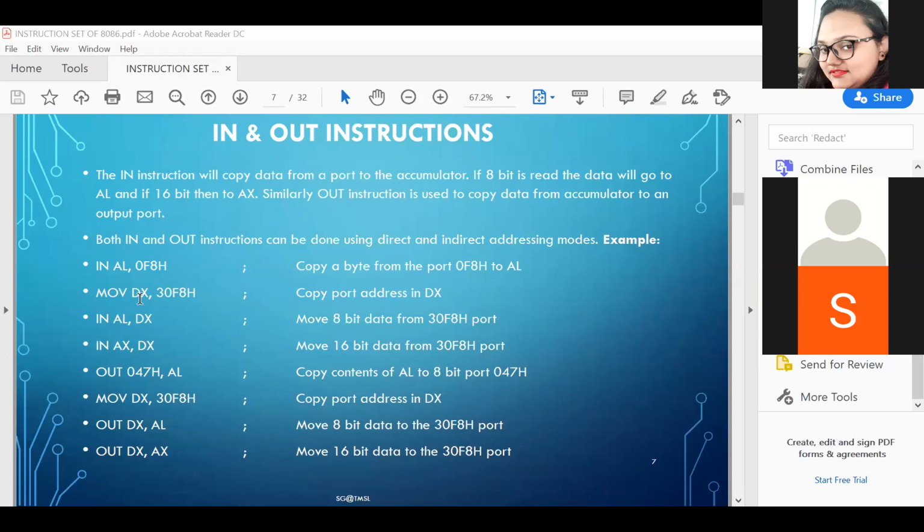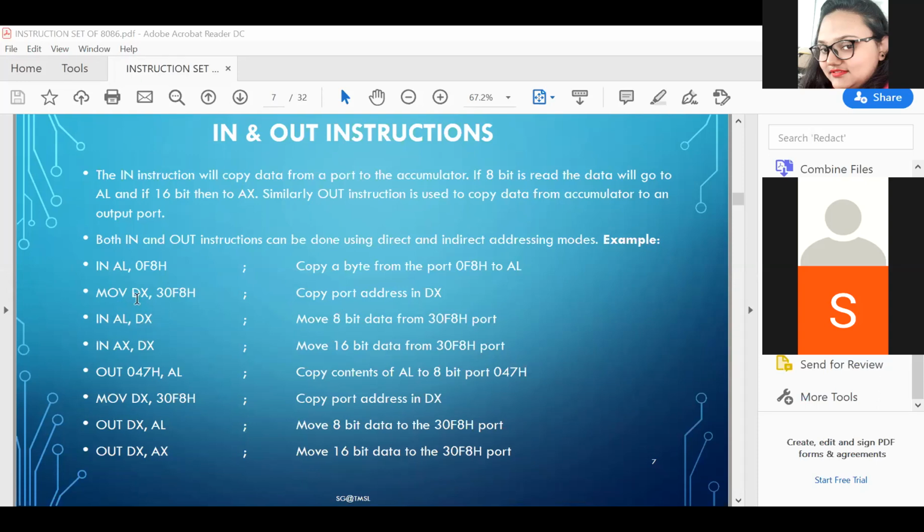So the DX register holds this address, which is the port address. Now from that port address, whatever is loaded, meaning any input or any status stored at that address, must be given to the accumulator. So IN AL, DX means whatever is given inside this address must be stored inside AL. This is the function of IN AL, DX.